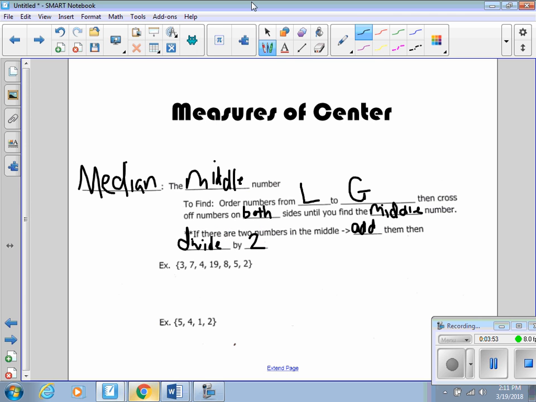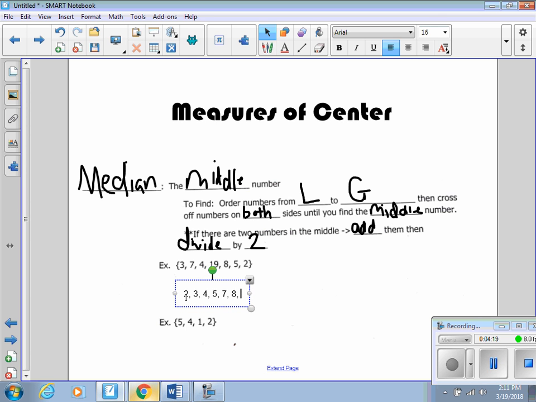Okay. So, for example, if we have 3. Oh, wait. First we have to put these numbers in order. So this data set in order would be 2, 3, 4, 5, 7, 8, and then 19.